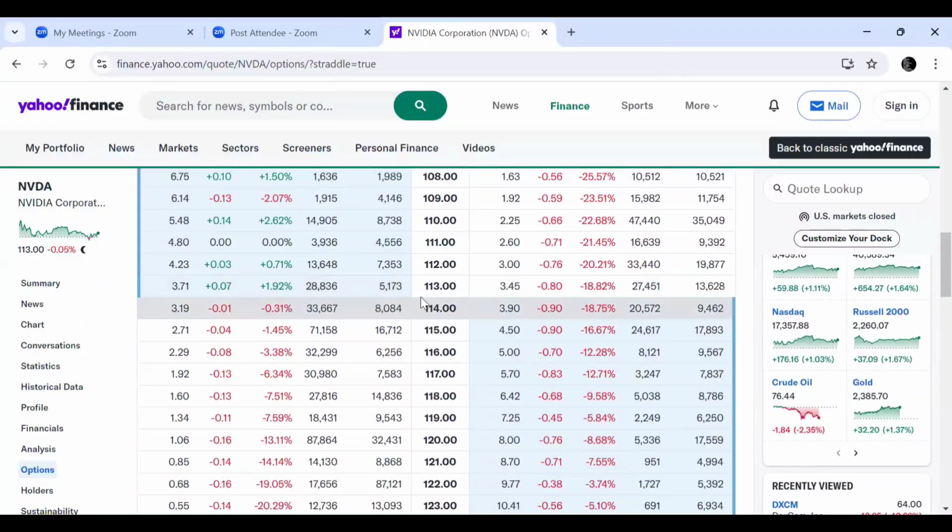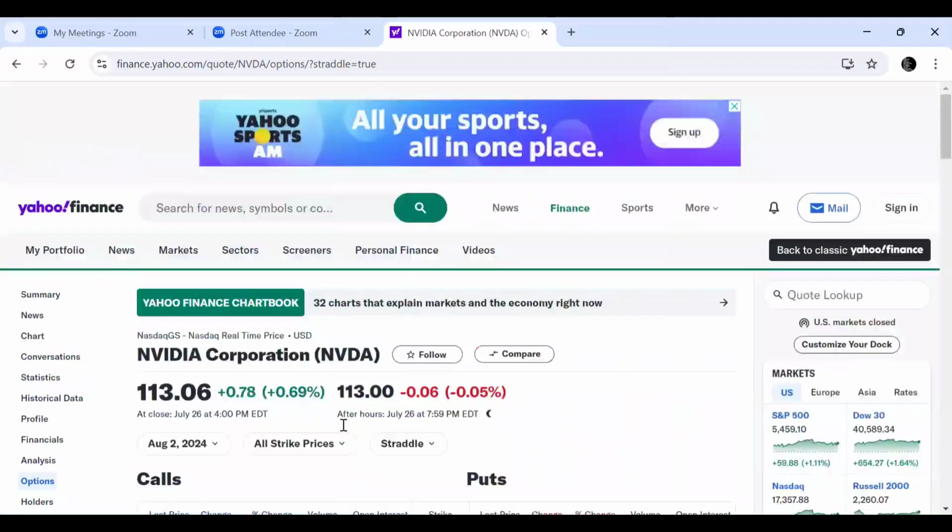So just like here, the intention is to tell what the range of the market is. For example, today the price of Nvidia is $113, and now I want to invest in Nvidia. I need to understand the range. If I am investing, how much amount will I lose, or how much will I gain?